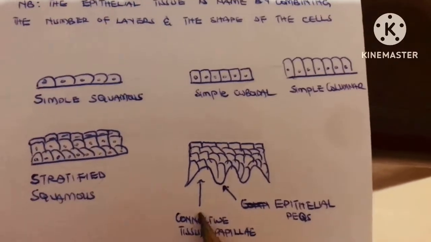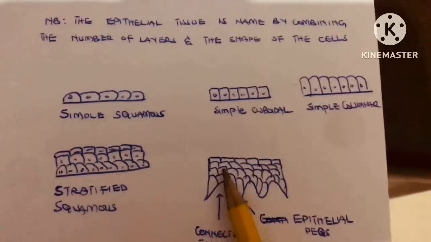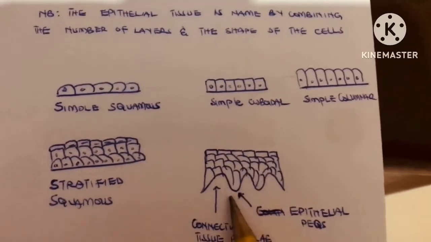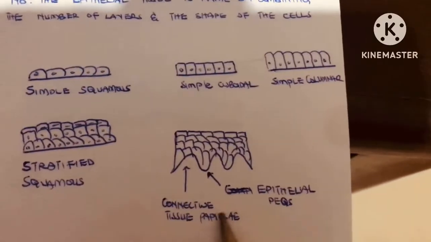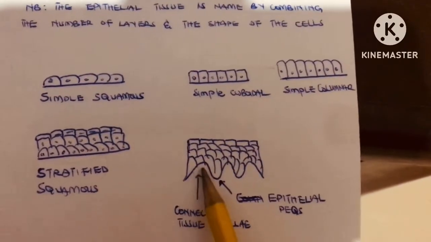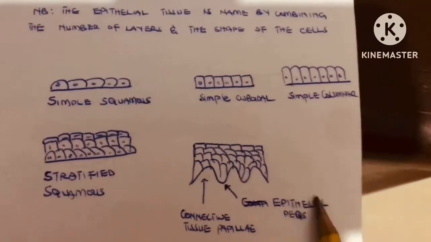And you can see that the connective tissue dips into the epithelial tissue to form this thing here called connective tissue papilla. So this is connective tissue papilla, and these things are called the epithelial pegs.